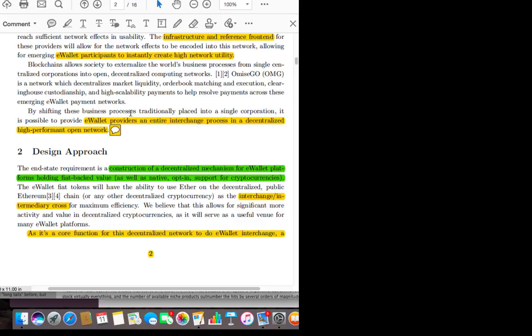It goes on to say blockchains allow society to externalize the world's business processes from single centralized corporations into open decentralized computing networks. So basically, they sum it up by saying Omisego is a network which decentralizes market liquidity, order book matching and execution, clearinghouse custodianship, and high scalability payments, okay, to help resolve payments across these emerging e-wallet payment networks.